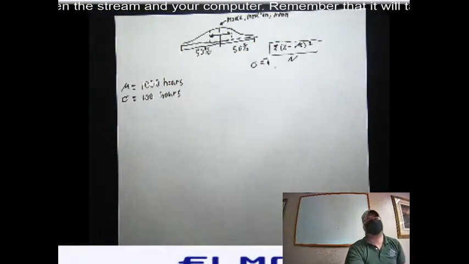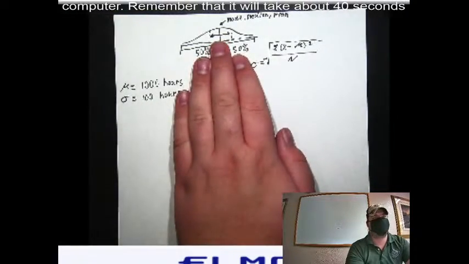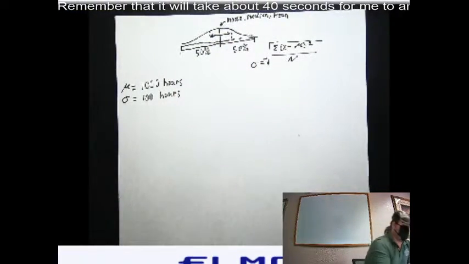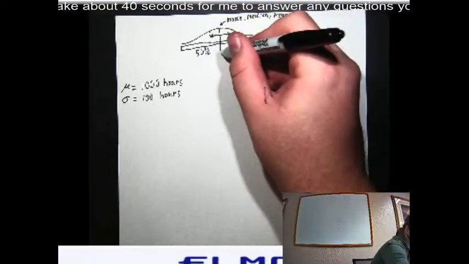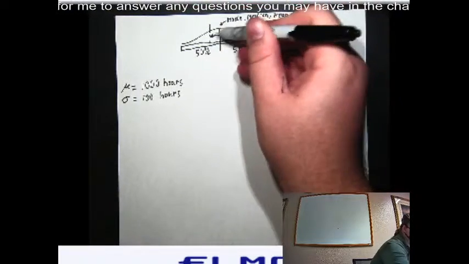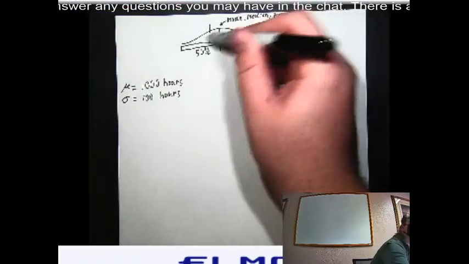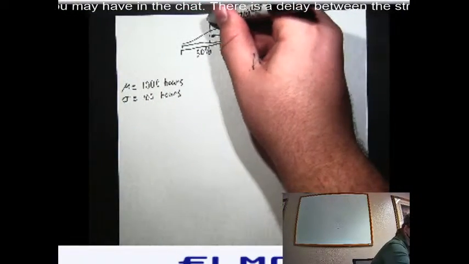So again, looking at what we have right now with our distribution, if the mean right here is 1,000, then one standard deviation from that, below that mean, so 1,000 minus 100, would be 900.